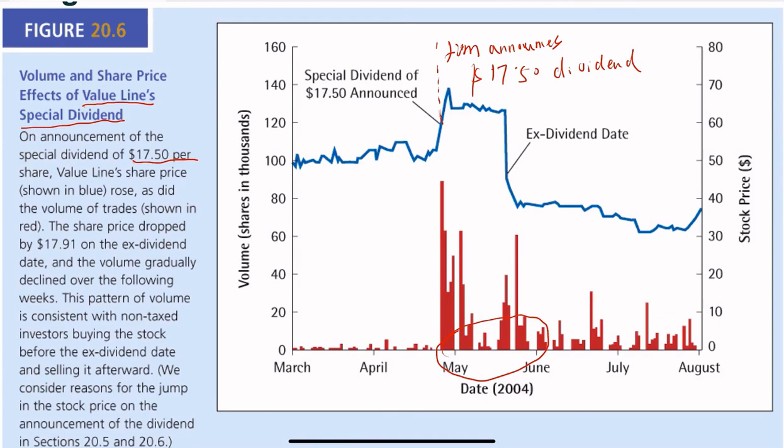So you can see that after this ex-dividend date, this is the ex-dividend date, transaction volume became much smaller, right? So the observation we can see here from this Value Line firm is consistent with this dividend capture theory.